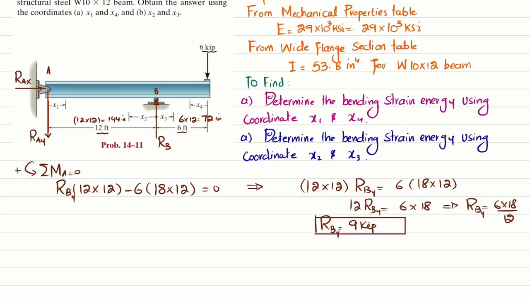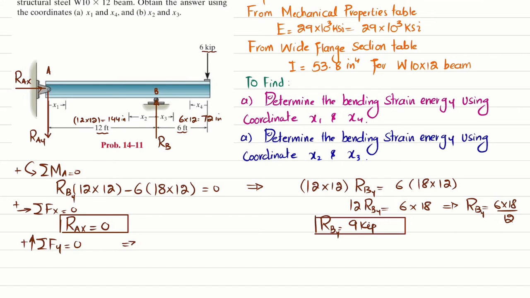Now we'll find RAX using the equation of equilibrium that the sum of all forces along the x direction must be equal to 0, with force toward the right positive. There is only the horizontal force RAX and no other force, so RAX is equal to 0. Now, the sum of all forces along the y direction must be equal to 0, with upward force positive.